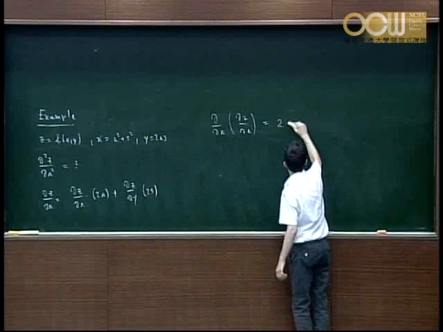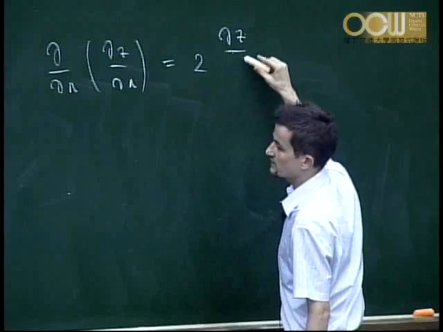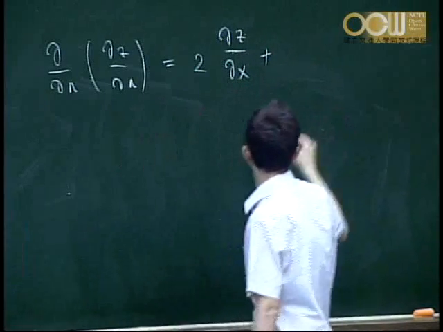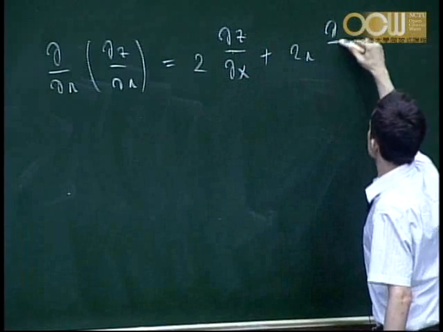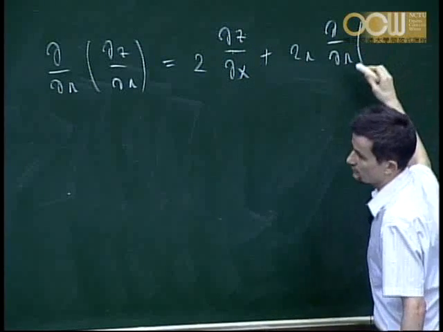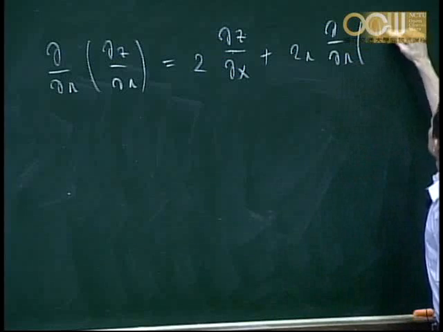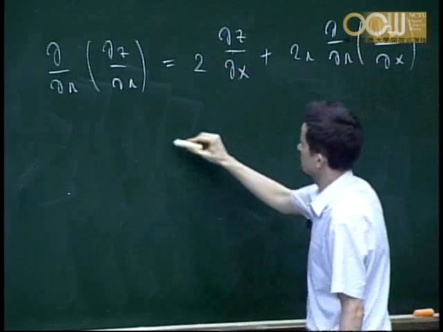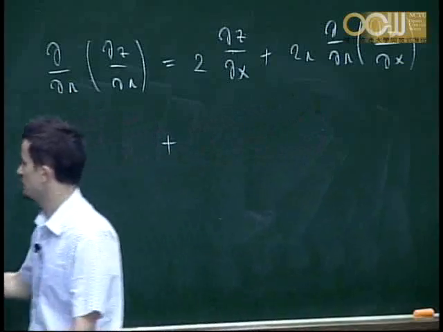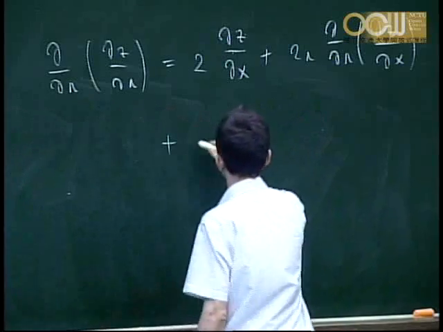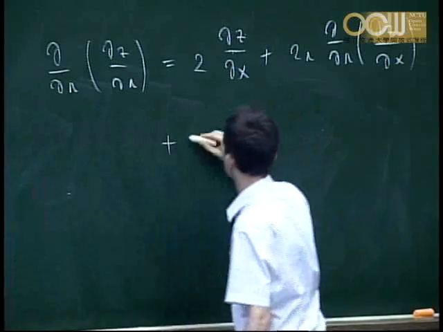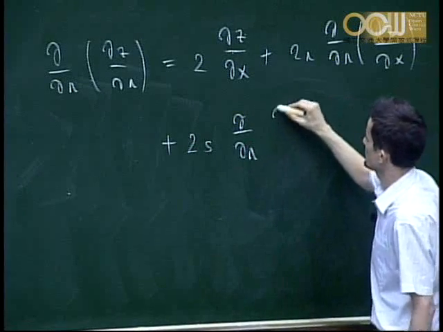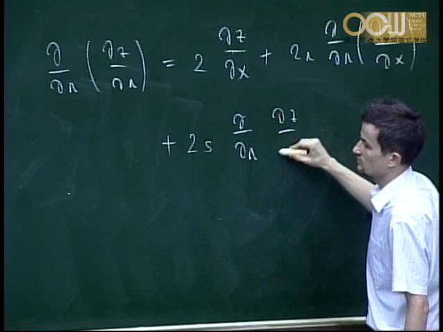So what you get is 2 times the partial derivative of z with respect to x, plus 2 times r times the partial derivative with respect to r of the partial derivative of z with respect to x, plus the same here, but because this does not depend on r, we have just 2s, and then the partial derivative with respect to r of the partial derivative of z with respect to y.